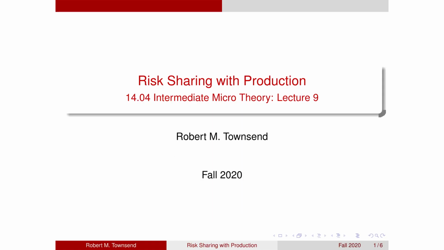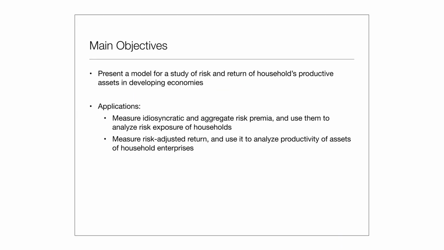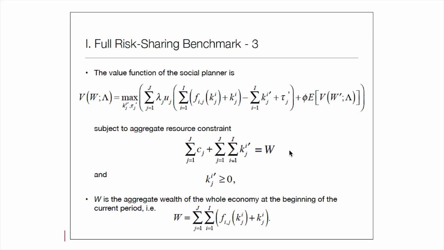So then the second of the 2 application lectures included production in lecture 9. And the main difference between what we did just now and this lecture is we actually have physical production rather than treating output as an endowment. But we still solve this programming problem.